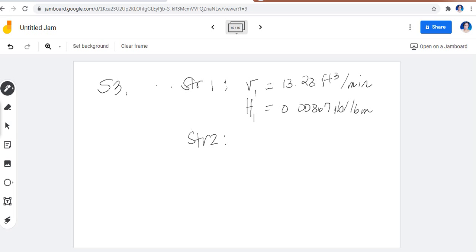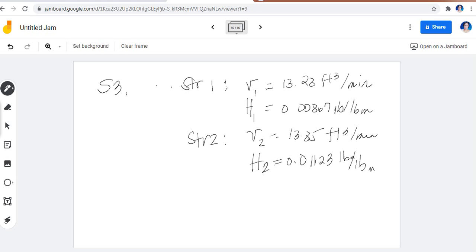For stream 2, this is your specific volume and your humidity, pound mass water per pound mass dry air.